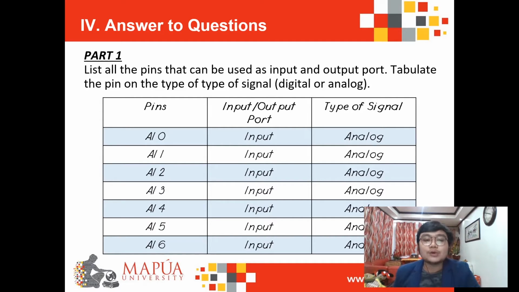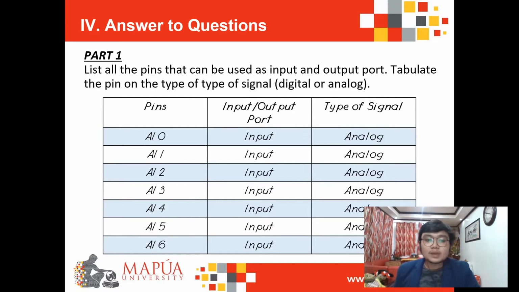However, if it is AO, it signifies that it is an analog output. However, if it is PFI or starts with letter D, or the ports, it is considered as digital signal input output or digital input output.